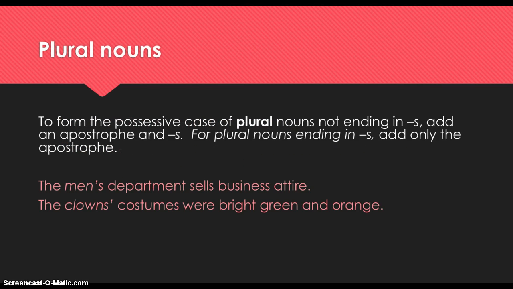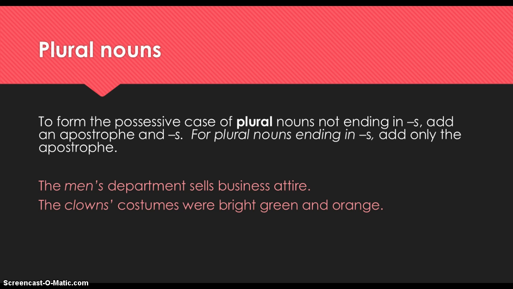When you're talking about plural nouns, nouns that indicate more than one of something, you form the possessive case a little bit differently. If a plural noun does not end in S, then you add an apostrophe and an S. If a plural noun does already end in S, just add the apostrophe. Let's look at some examples.